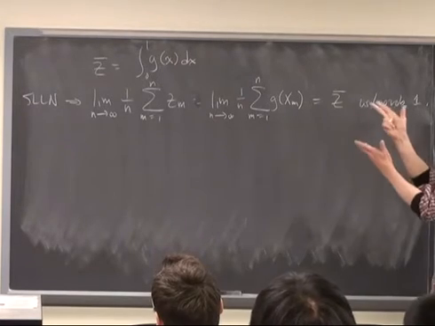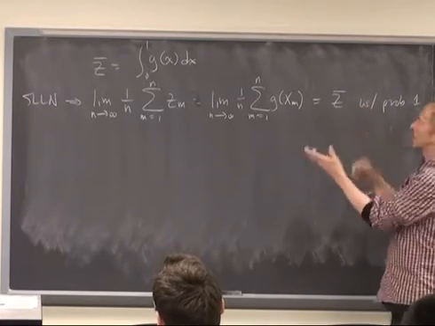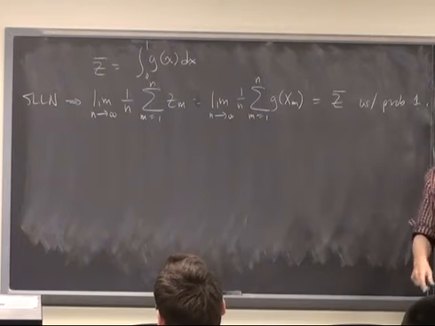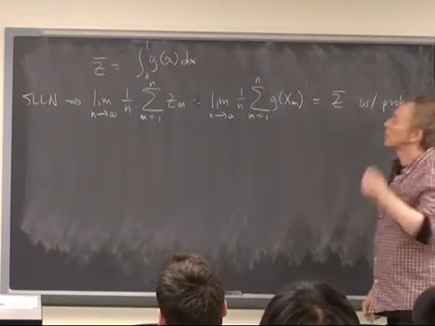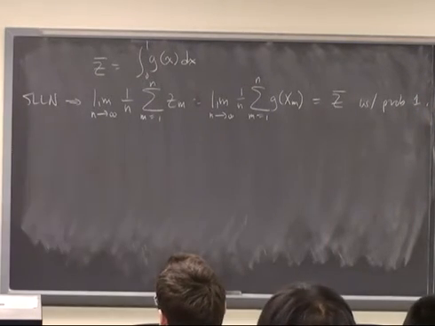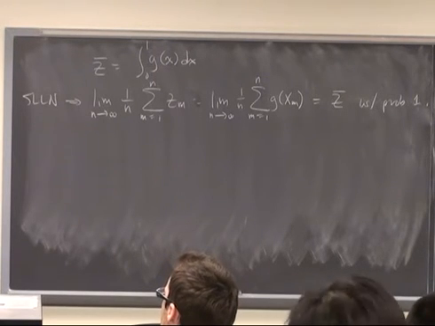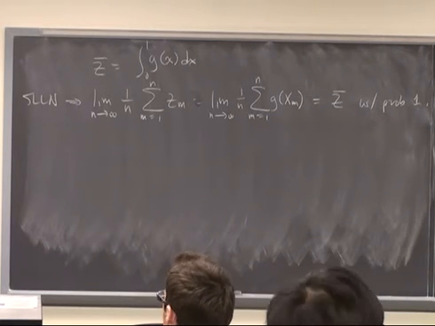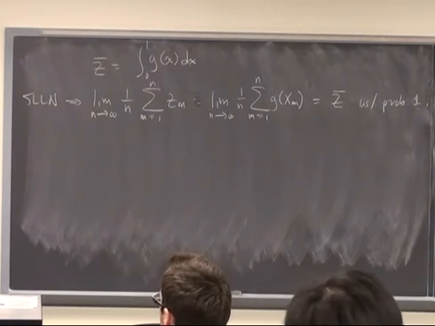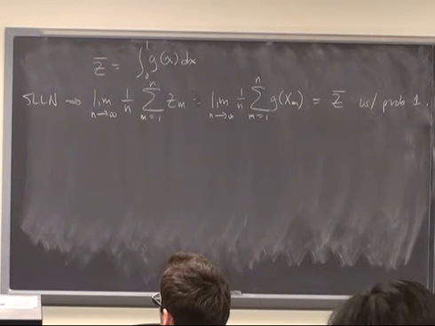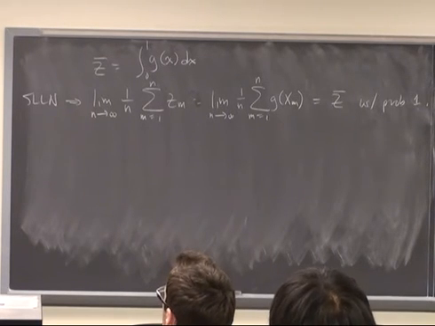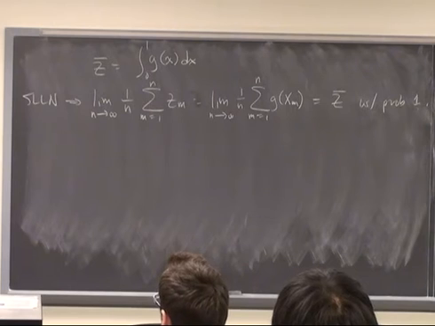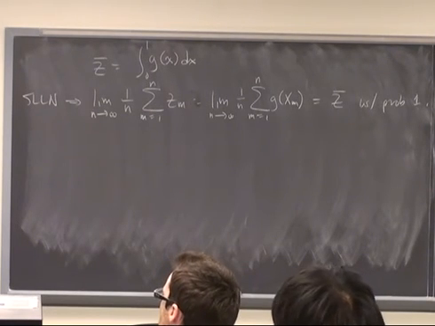So to calculate the integral of g of x dx from 0 to 1, which I cannot do in closed form, what I do is I draw a bunch of samples from 0 to 1 independently and uniformly on the interval using a computer. And I just plug them into g, sum them from 1 to n, divide by n. That average will converge with probability 1 to the thing I want to compute.